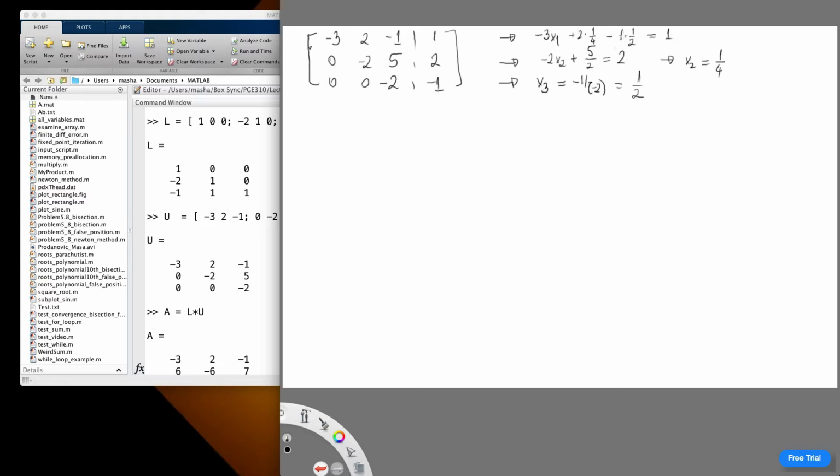This is 1/2 minus 1/2. This actually cancels out. And my x1 is minus 1 over 3. So this is my first column of A inverse.